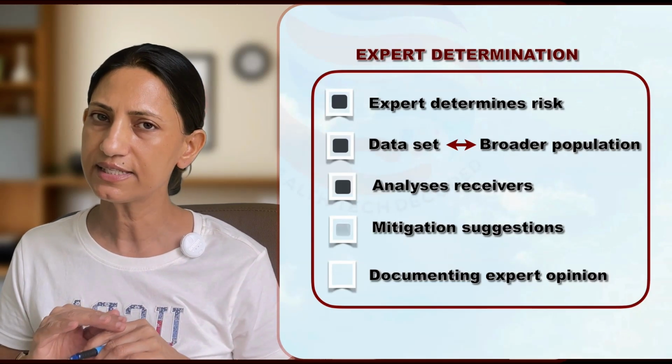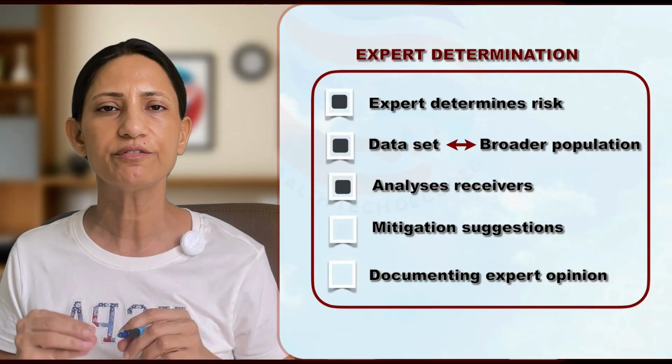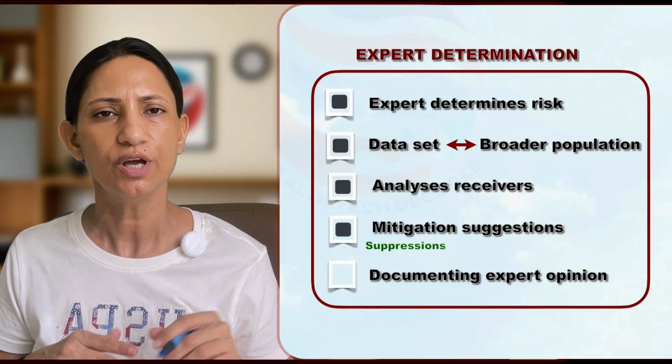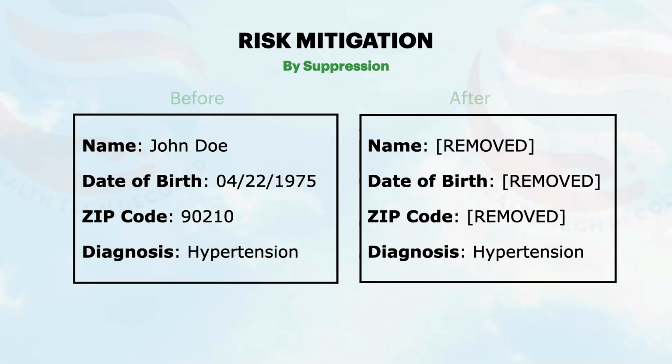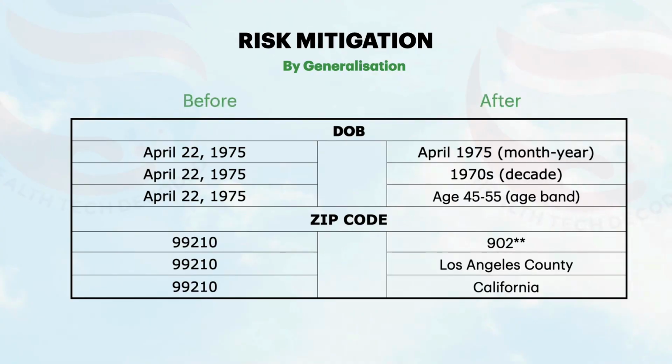And if risks are involved, the expert should be able to provide mitigation suggestions using various methods like suppression, generalization, and perturbation. For example, mitigation by suppression can involve removing PHI values from some records or even removing the entire record in some cases. Then, generalization of data, like age groups or zip codes, can also help in mitigating the risks.